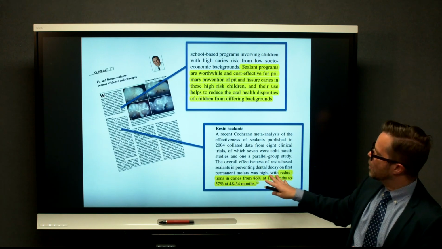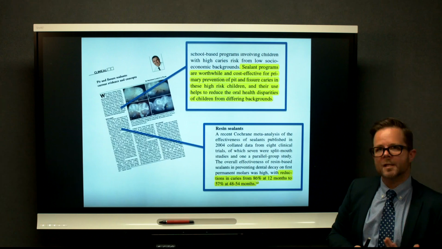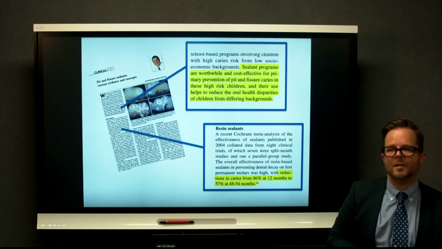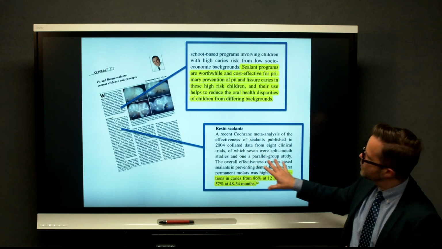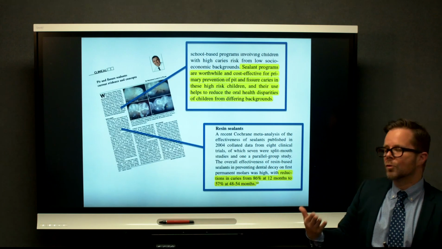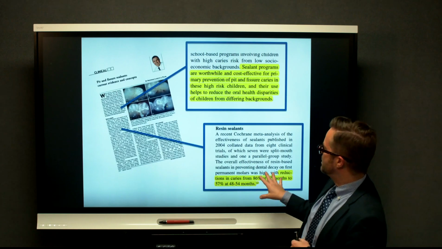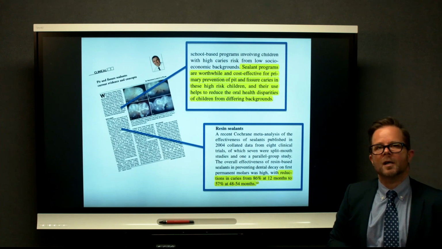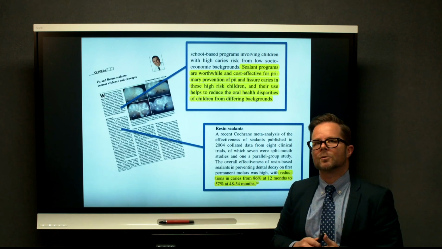Another study by the Cochrane Review, which is the highest level of evidence that we have in science. These Cochrane reviews summarise all of the scientific literature, and this particular paper in 2004 said that there was significant reduction in dental decay or dental caries.